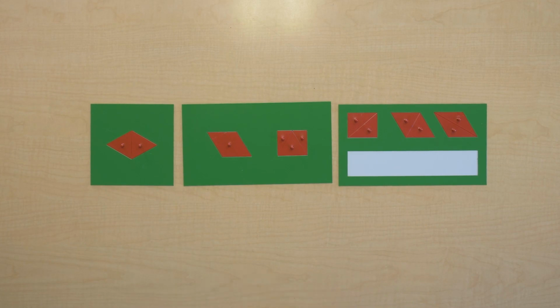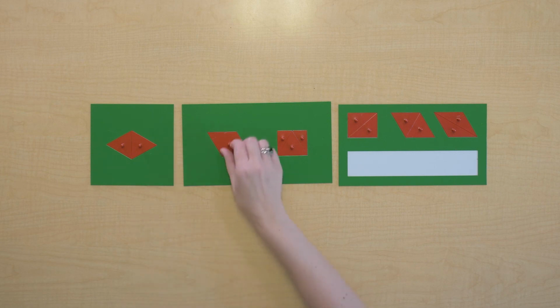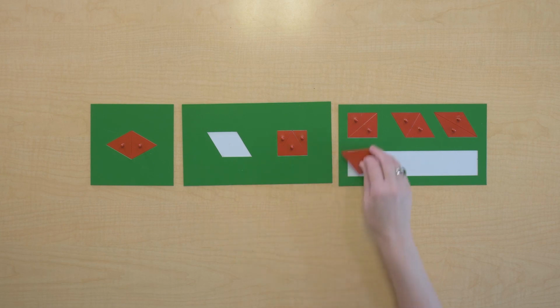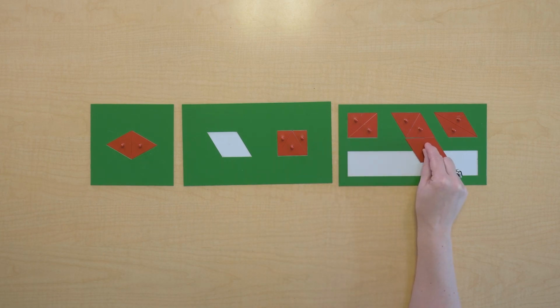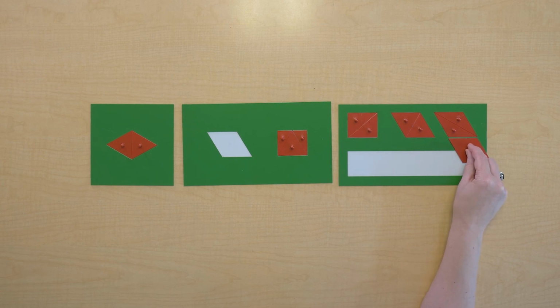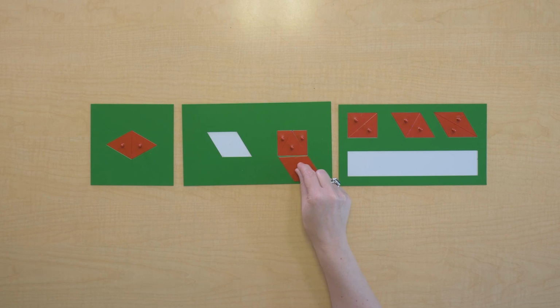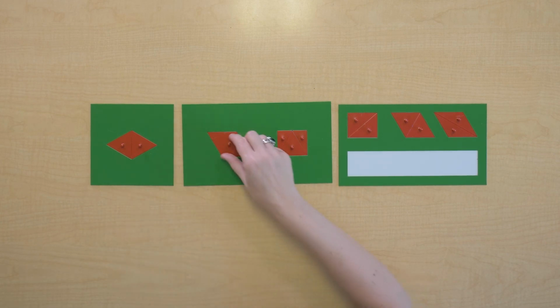So let's look more carefully at that relationship. Let's take a look at the base of each of these shapes. It's the same as here. It's the same. And it's the same. They all have the same base. Now let's take a look at the height.